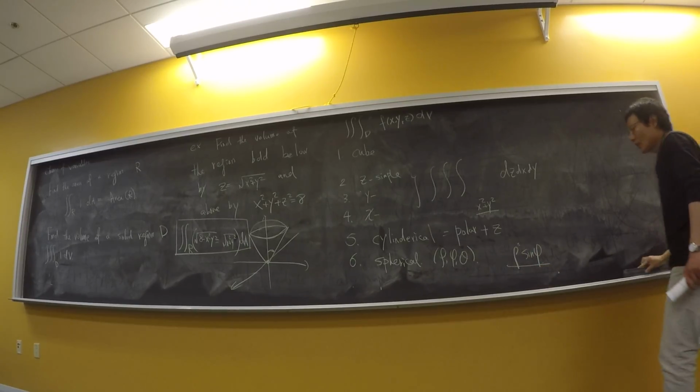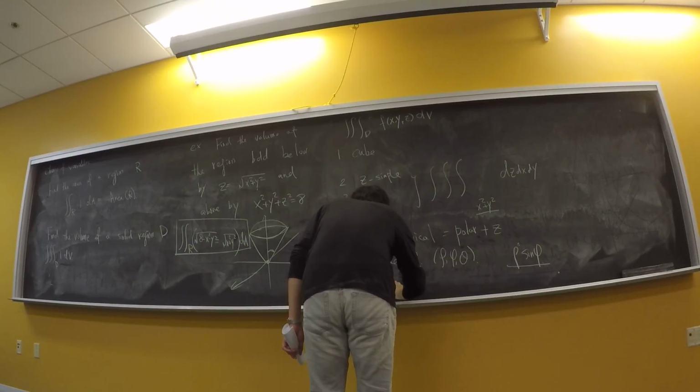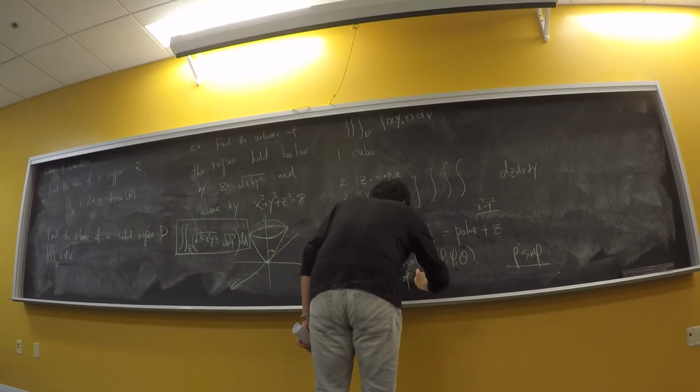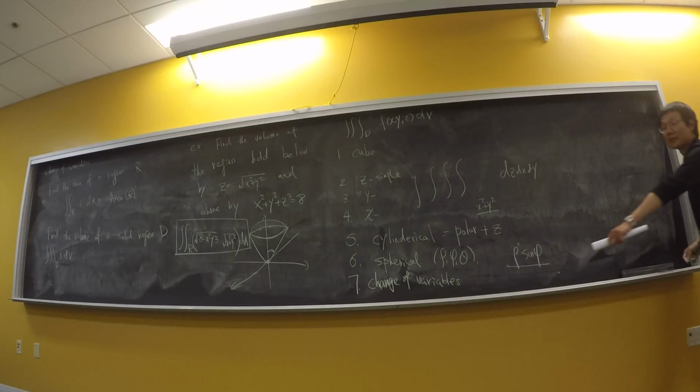And this is not all of them. We can still evaluate triple integrals by change of variables. I didn't give you any examples in class, so I'm not going to test you on change of variables in triple integrals, for the following reason. Remember, when we do double integrals, we have the boundary defining functions, and we introduce a new pair of variables to simplify them.